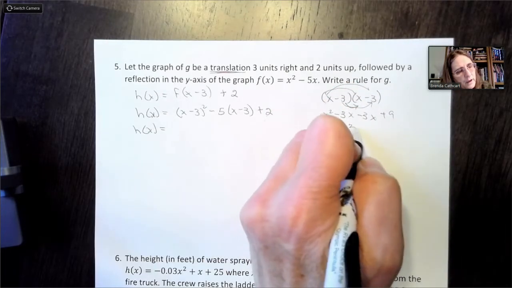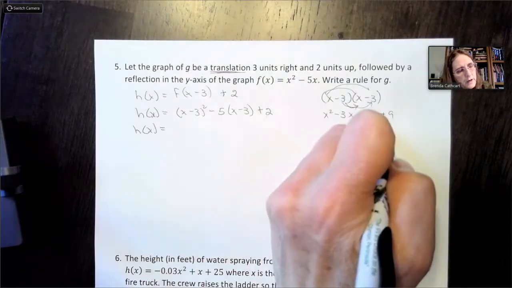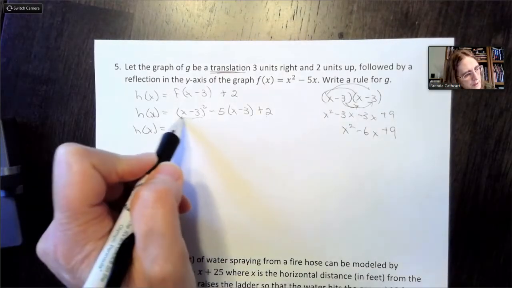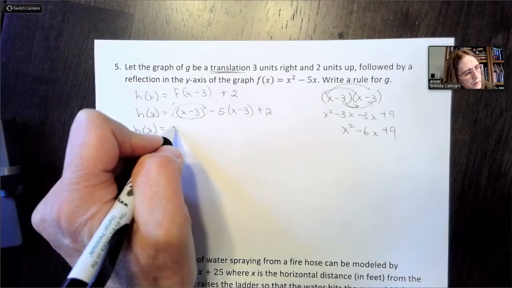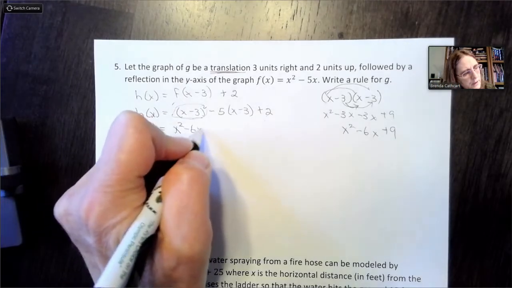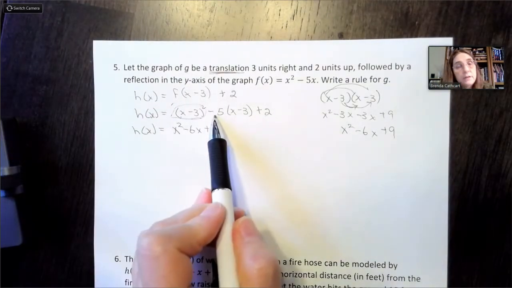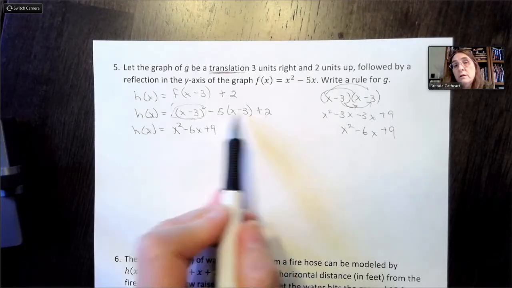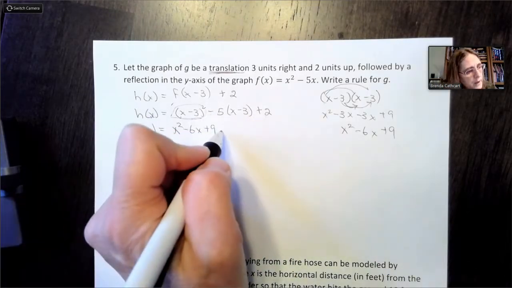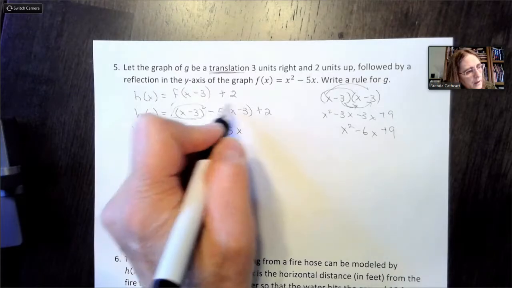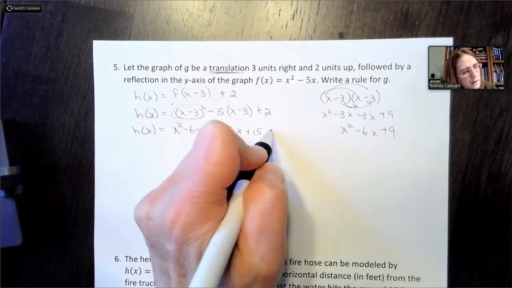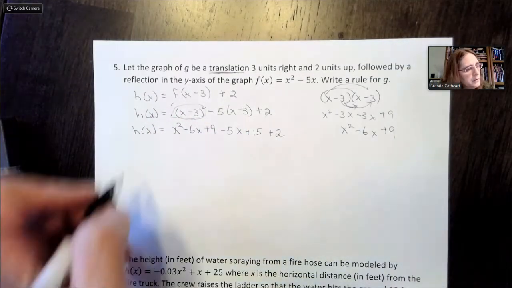So when I multiply that out, I get x squared minus 6x plus 9. So that's our (x minus 3) quantity squared becomes x squared minus 6x plus 9. And then expanding on the rest of it, we have negative 5x plus 15 and then plus 2.